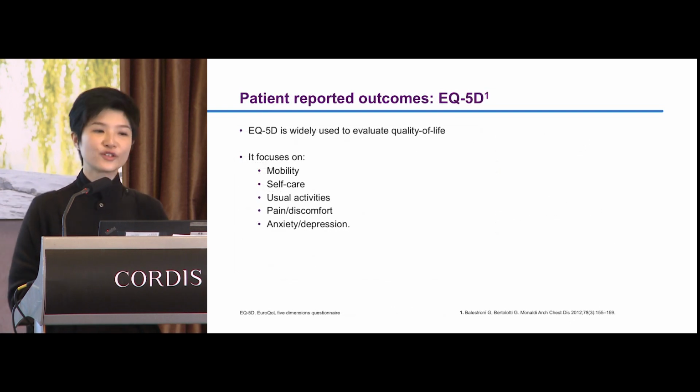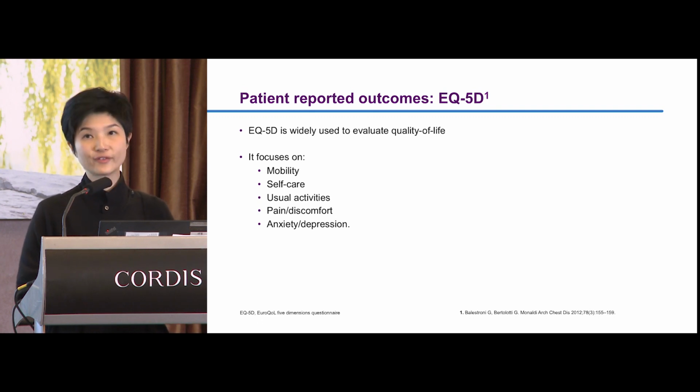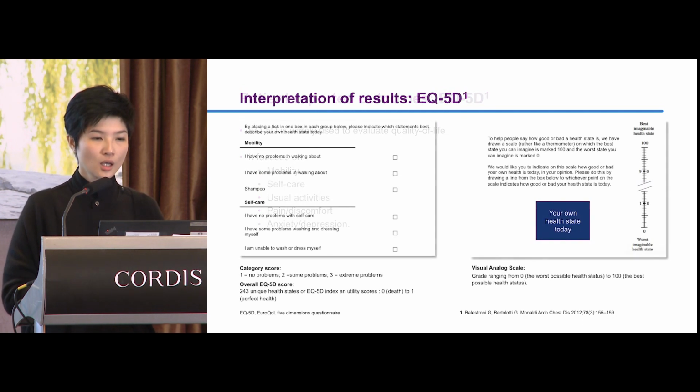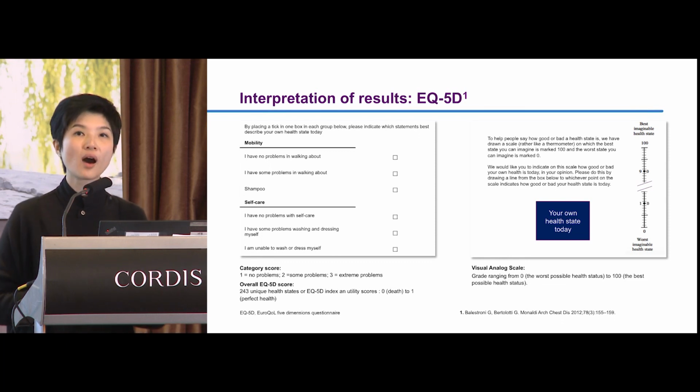So how about the EQ-5D? EQ-5D is widely used to evaluate quality of life for RA and other chronic diseases as well. It focuses on 5 domains: mobility, self-care, usual activities, pain and discomfort, and anxiety and depression. EQ-5D is a 2-part instrument.